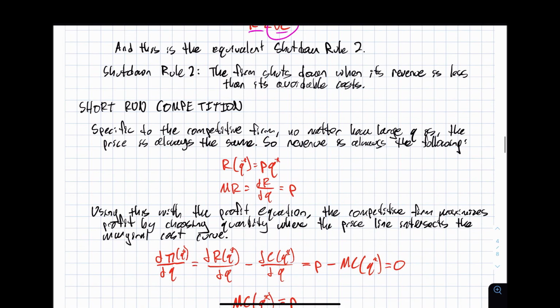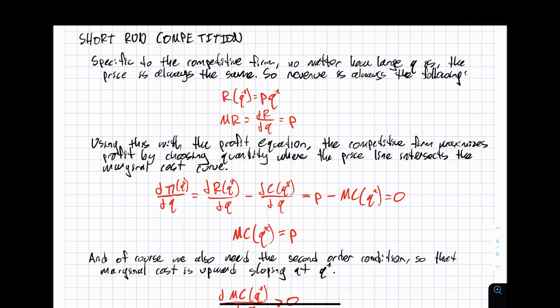So let's look at short run. The following is specific to the competitive firm because price doesn't depend on our choice of Q. So price is always the same. So this is the definition for revenue in a perfectly competitive market.